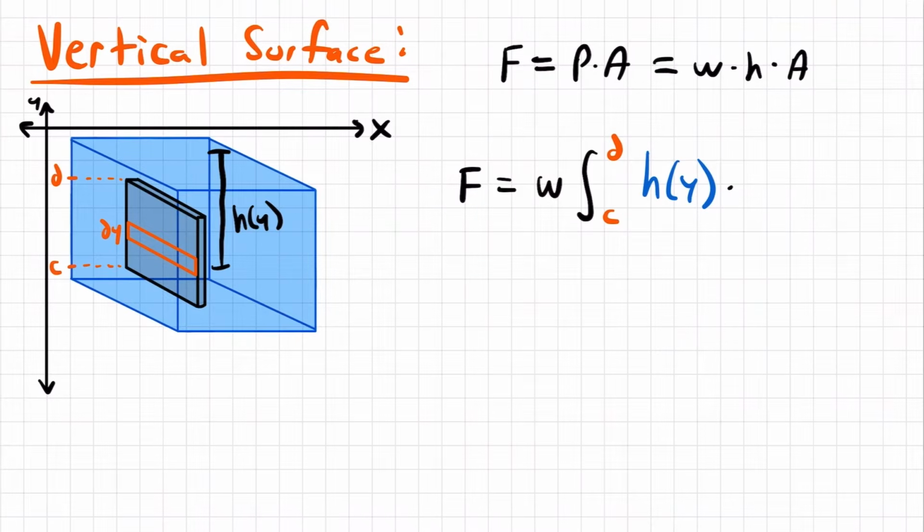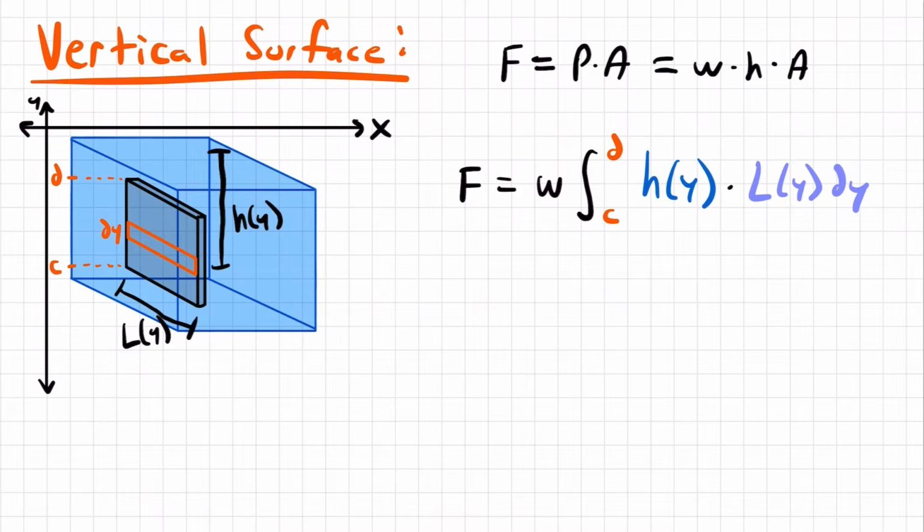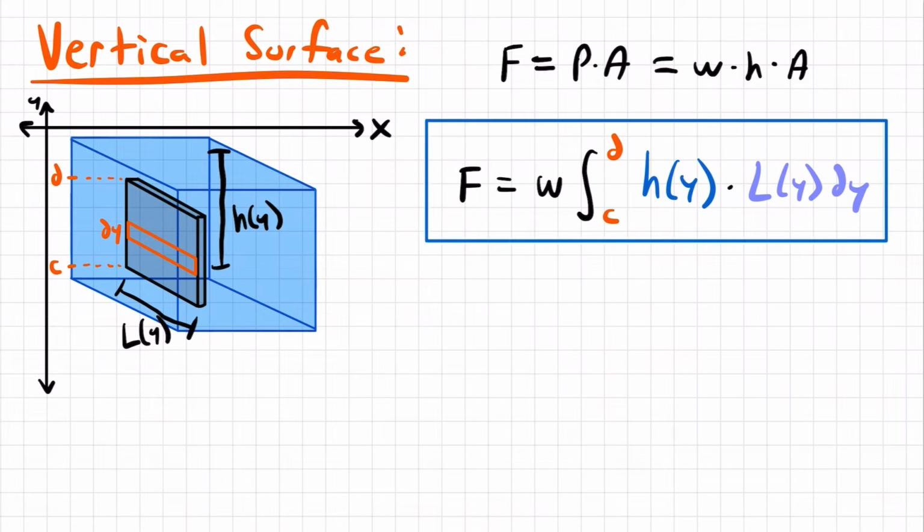And so we'll represent that with another function in terms of y. And so this distance right here will be the length in terms of y, which we represent with a capital L. And so then for the area in our definite integral, we will have the length times the width, which will be capital L of y times dy, which represents the area of our representative rectangle. All right, and so that completes our definite integral. This represents the fluid force on a vertical surface submerged in a fluid.